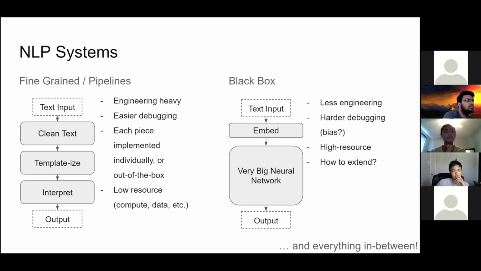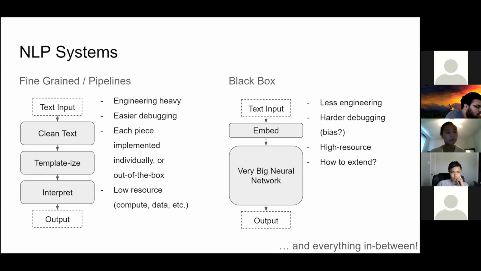If you're trying to create a search system or a dialogue system, you'll take the text input and have all these steps: clean the text, maybe filter out inappropriate content that you don't want, and then convert it to templates. Finally you'll have some complex system to interpret it. This could include hooking it up to a knowledge base or pulling in outside information before you finally generate the output.